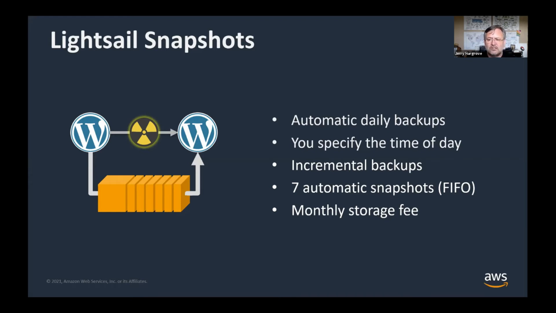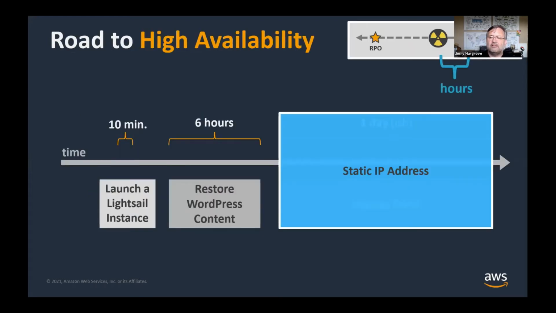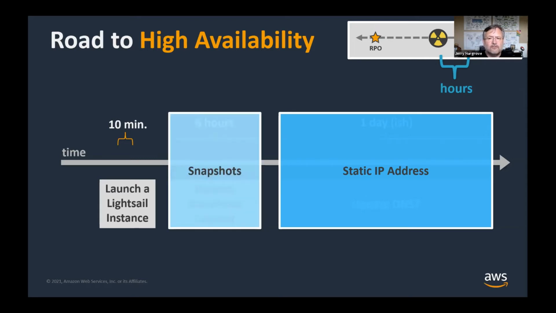So going back to our scorecard again, we previously reduced the RTO of our system from days to hours by adding a static IP address. We can further reduce that RTO from hours to minutes using Lightsail snapshots.